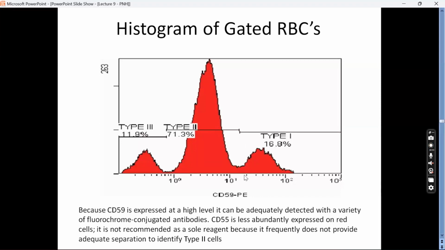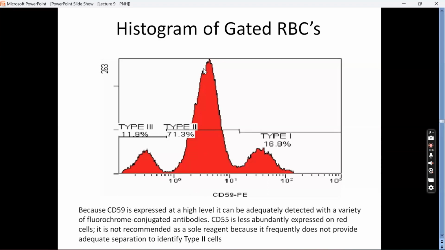These are type 1 RBCs, which are seen in normal individuals or controls. And then you find a population, in this case 11.9% of RBCs, which is completely lacking CD59, or completely deficient for CD59. This is type 3 RBCs.